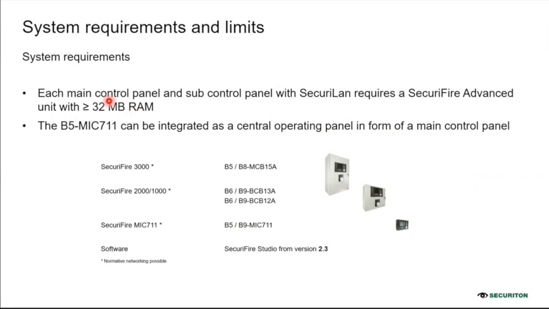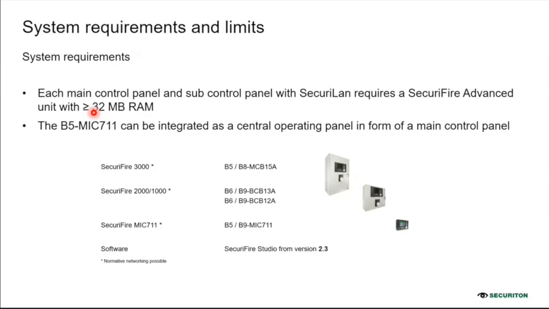So the only requirement, when you are going to connect SecuriLAN on the SecuriWan, is to be sure that you have hardware with at least 32 megabytes of RAM. That means most of the panels, except maybe the first version of SecuriFire, are suitable.